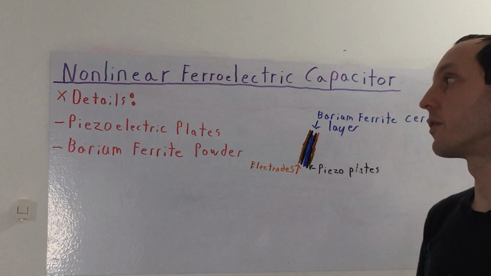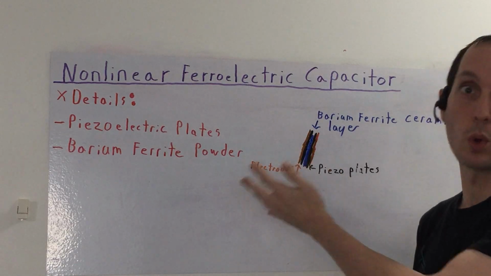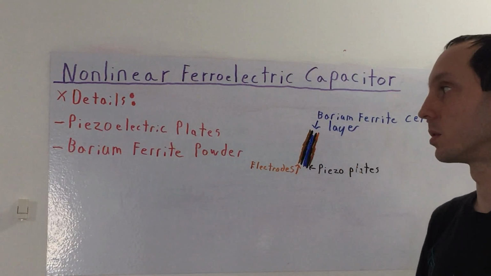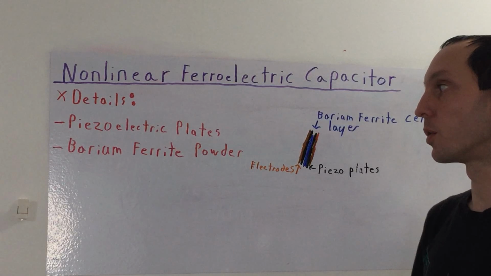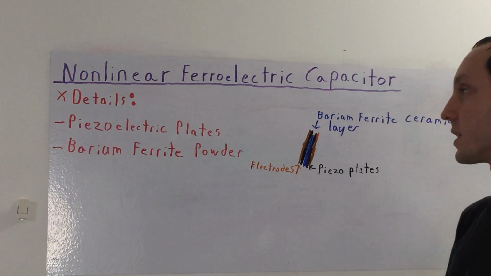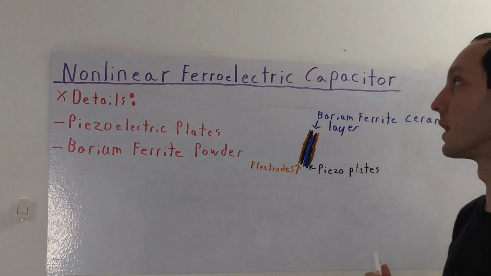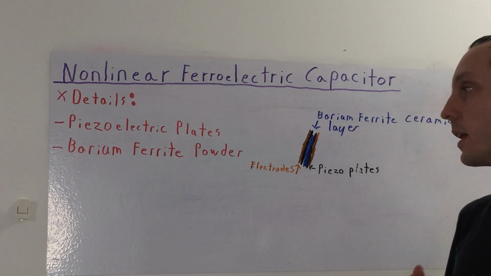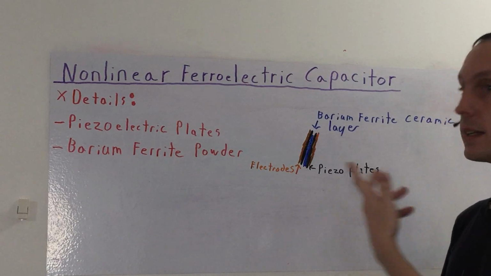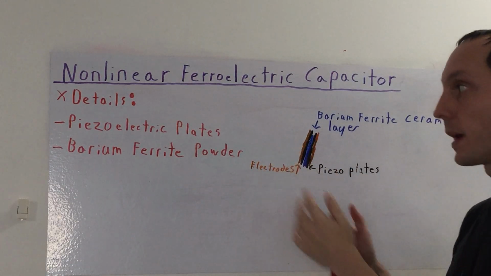They inherently have ferroelectric properties as well, so good combo. And the barium ferrite powder here, when processed into a ceramic form here, it has ferroelectric properties, and it can act as a dielectric in capacitors here.